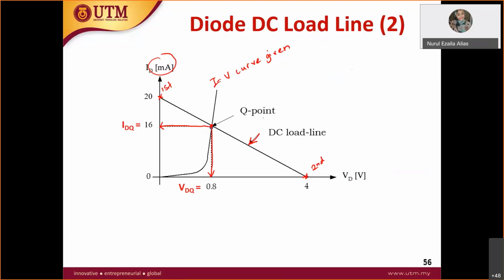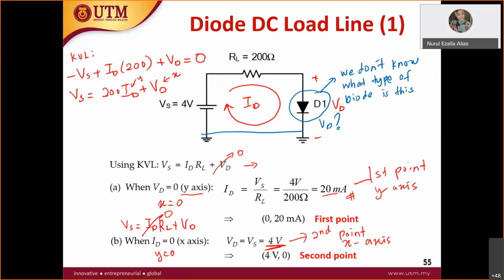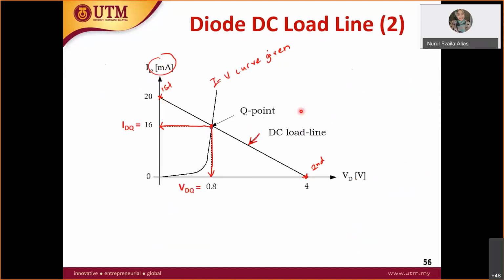So for this particular circuit, we know that the diode voltage at the operating point is actually 0.8 volt. So we can assume it is maybe a silicon diode. You might get like 0.78 something or 0.6 something, so it is approximately the practical silicon diode.